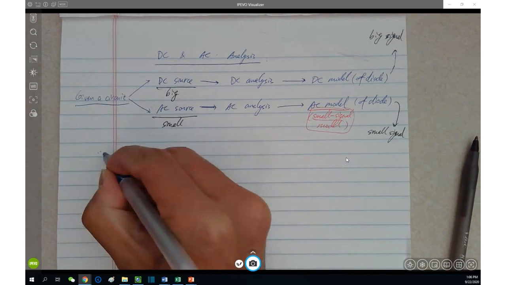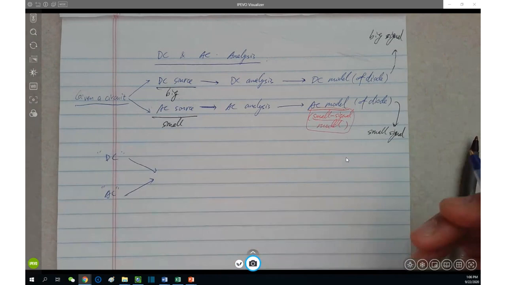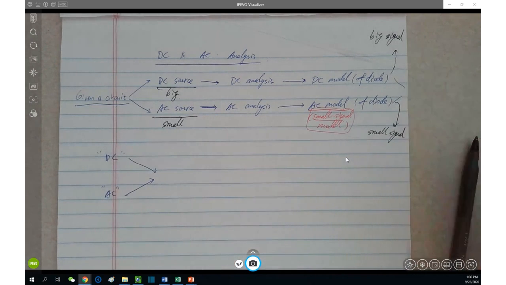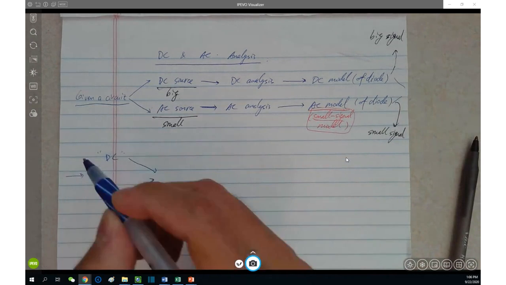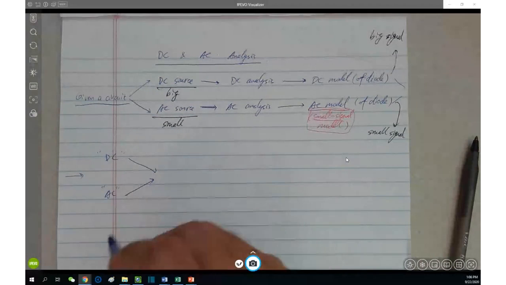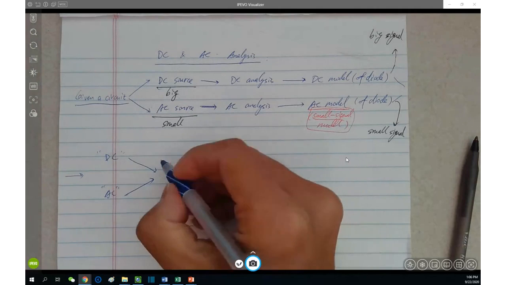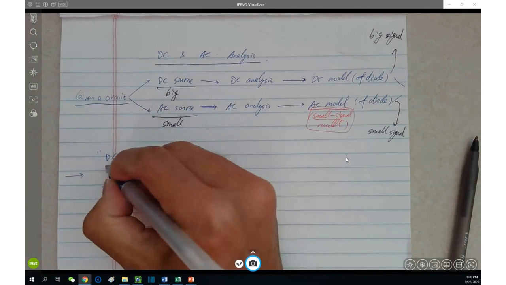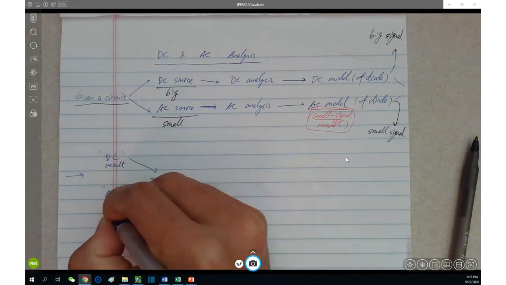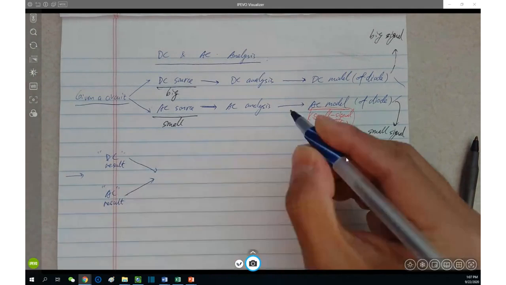However, both DC analysis and AC analysis are going to introduce results respectively.